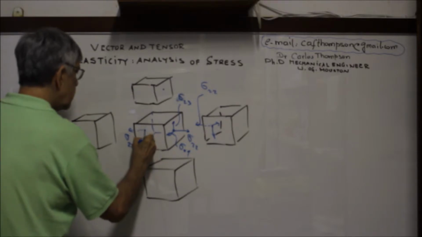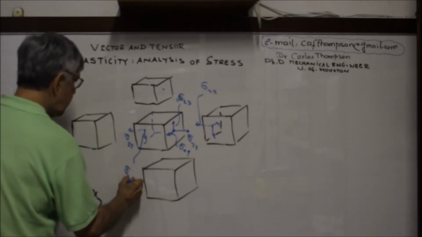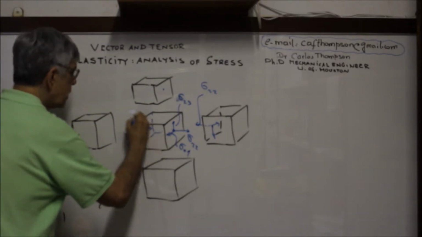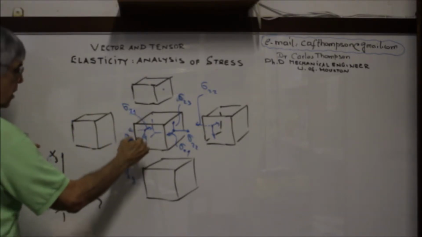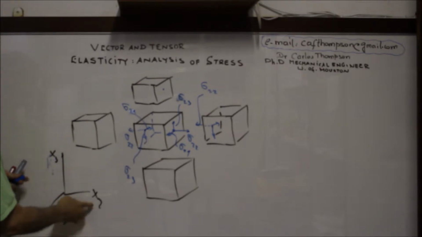Now, here will be sigma 2,3. You see this 3, and there sigma 2,1, because there's a face perpendicular to x2.